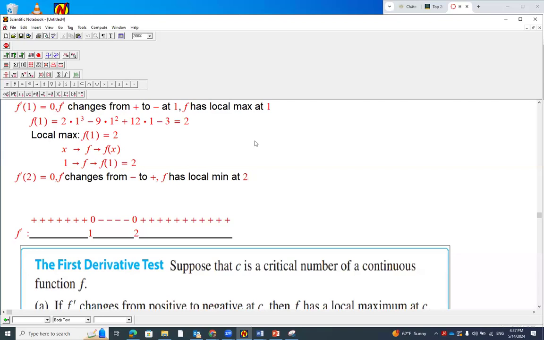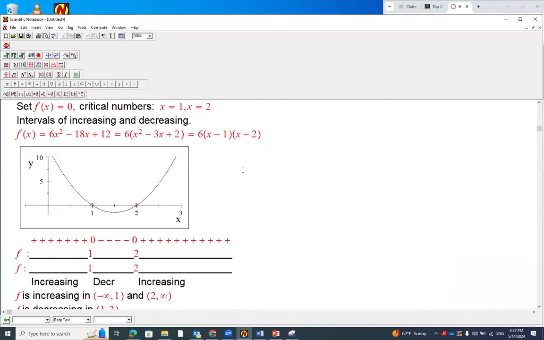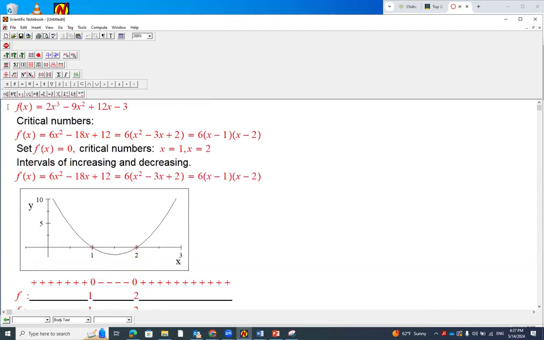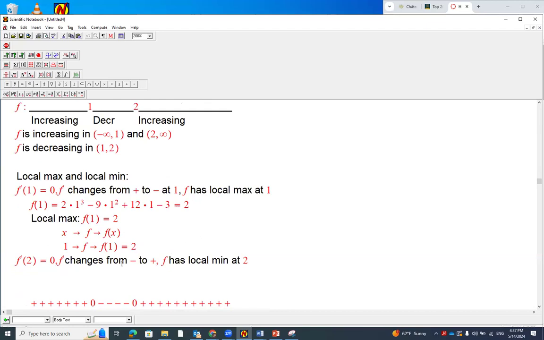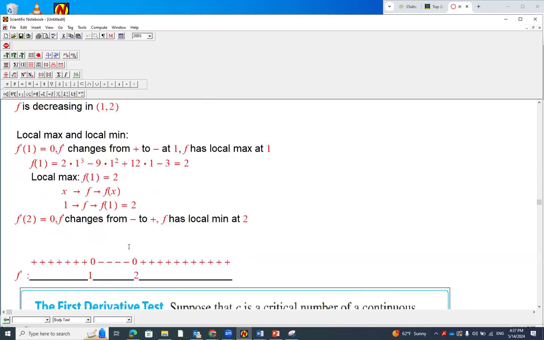And what is the local minimum? So we're going to go back to the function again, and we plug in the critical number into this function for the local minimum. So that's going to be local minimum at 2. So replace x by 2.